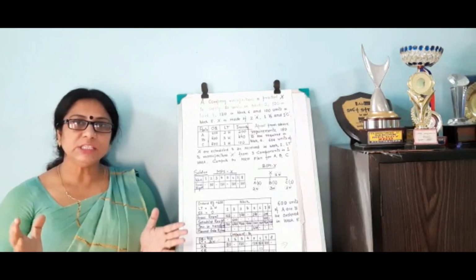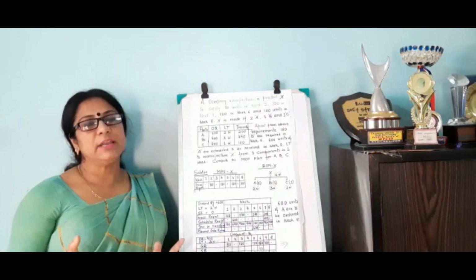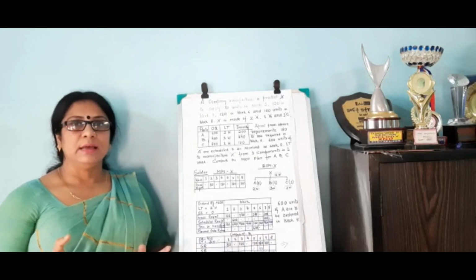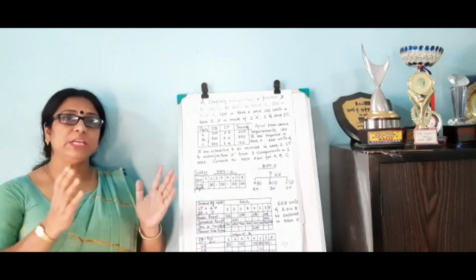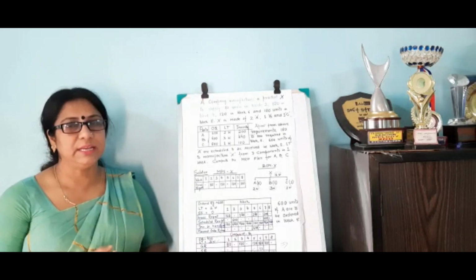Thus, we have seen how these MRP computations are done. Now, if a company deals with few number of items, the MRP computations can be done manually. But generally, the company deals with thousands and thousands of items, and in that case, the MRP computations for each of the components are not possible to do manually, and then we have to take the help of computers.